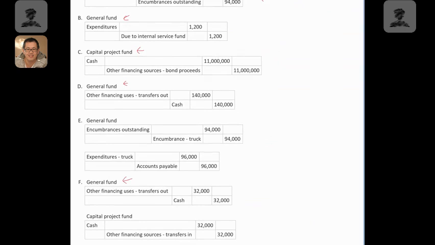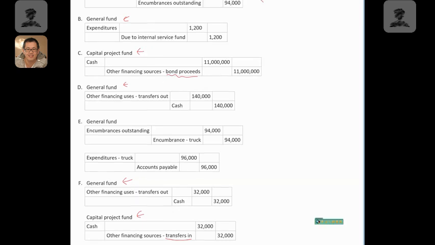We transfer cash out from the general fund, so we debit other financing uses, transfer out, and credit cash 32,000. Then we transfer the cash into the capital project fund. The journal entry is to debit cash and credit other financing sources, transfers in. When they issue bonds, that's other financing sources, bond proceeds.